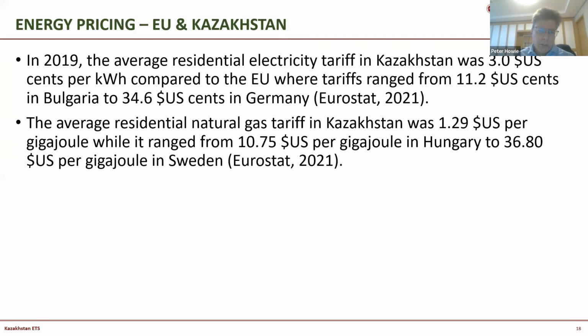And that's for electricity. For residential natural gas, in Kazakhstan, the tariff was 1.29 US dollars per gigajoule, while it ranged from 10.75 US dollars per gigajoule in Hungary to 36.8 US dollars per gigajoule in Sweden. So what you can see is that there are considerable differences in the prices of energy in these two jurisdictions.